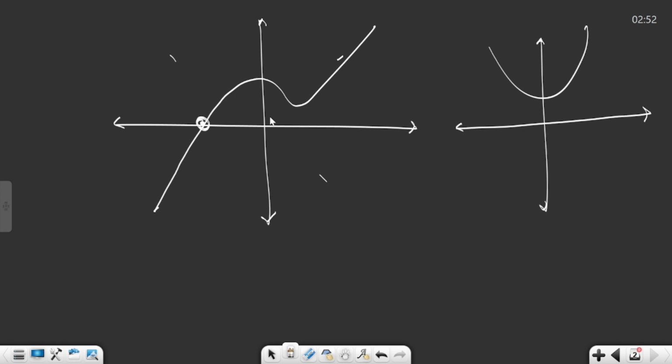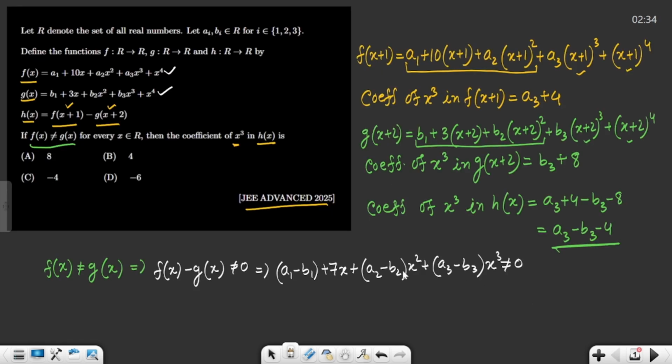Now see here, this is a cubic equation. A cubic equation must have one real root, we just saw. But this has no real root. That means this should not be cubic. So if this equation is not cubic, then this term must be 0.